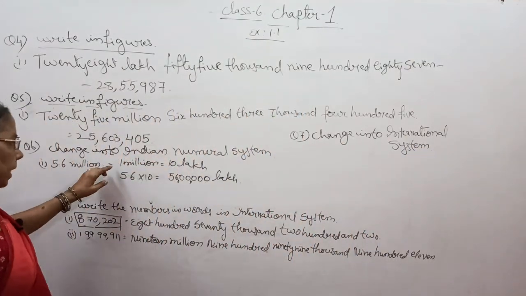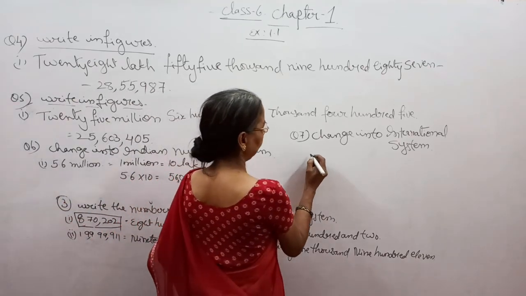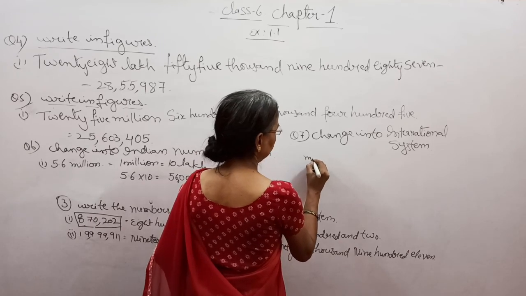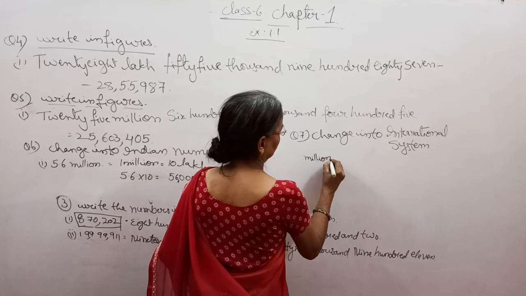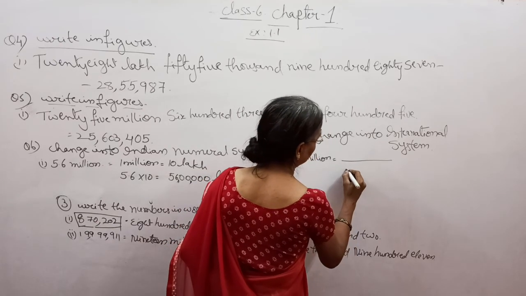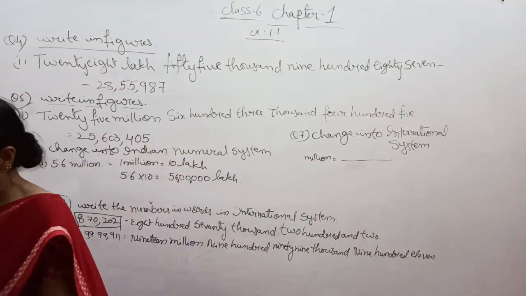Here we multiplied the number with 10 lakh, but here the number will be divided by 10 lakh. 1 million equals number divided by lakh.